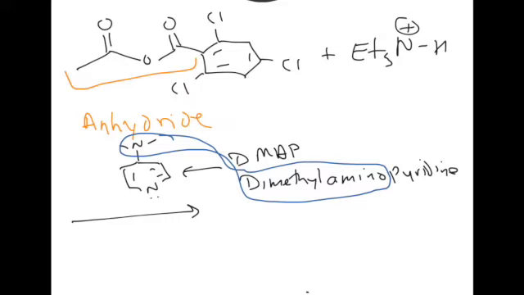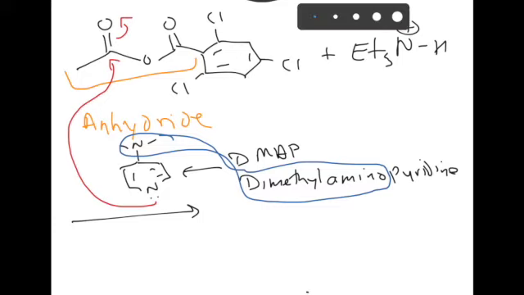But the other thing that it does a lot, especially if there's an acid chloride or an anhydride around, is it will add to a carbonyl carbon. So the nitrogen of the pyridine, that lone pair, isn't tied up in resonance, and it's able to go add to stuff.